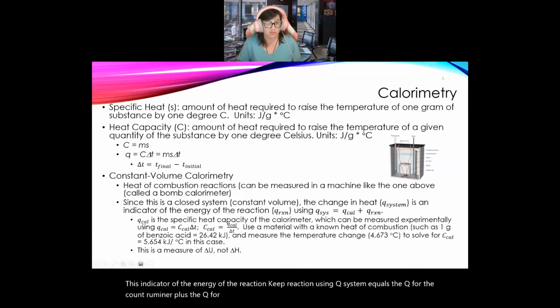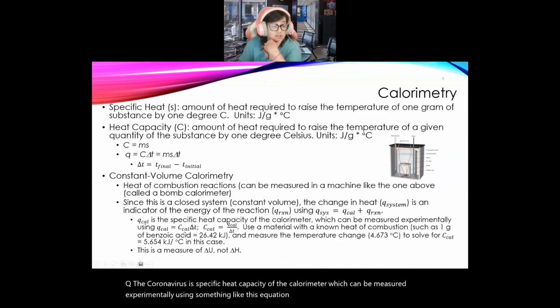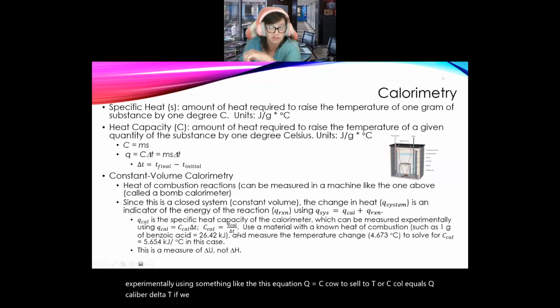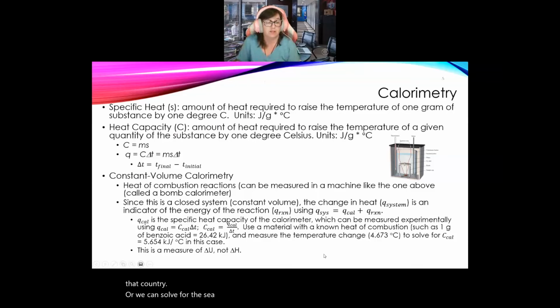Q of the calorimeter is the heat capacity of the calorimeter, which can be measured experimentally using an equation like this: Qcal equals Ccal times delta T, where Ccal equals Qcal over delta T. If we work with material with a known heat of combustion, such as 1 gram of benzoic acid equal to 26.42 kilojoules, and measure the temperature change in that calorimeter, we can solve for the Ccal. So that's something that we do. Now that is a measure of delta U, not delta H.